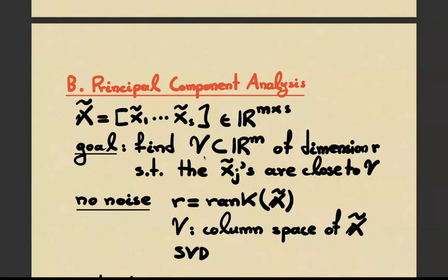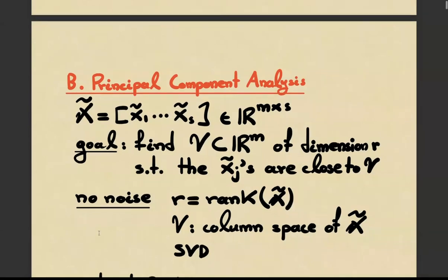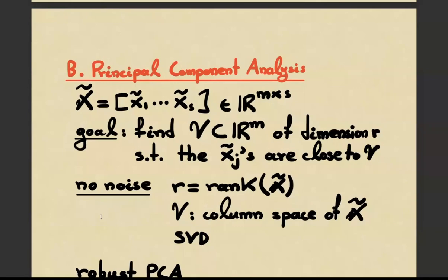We want to find a linear subspace V of dimension r such that the columns of the matrix are close to V. I'm not specifying what close means. Okay, it can mean different things depending on what we want. In the noiseless case, then this subspace dimension r can be taken to be the rank of the matrix. V is the column space of the matrix, and the computation can be done by a singular value decomposition.